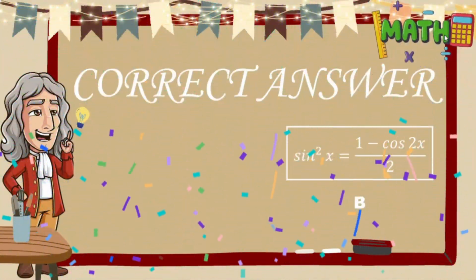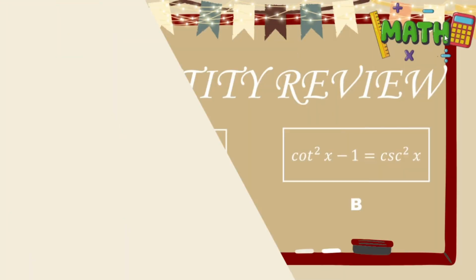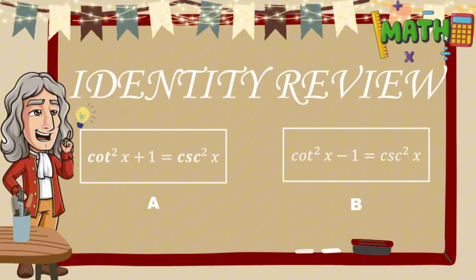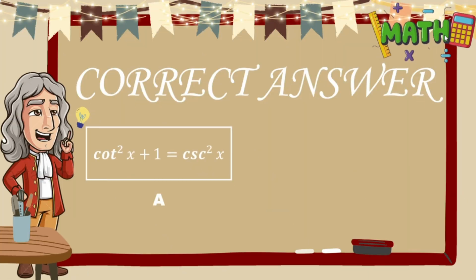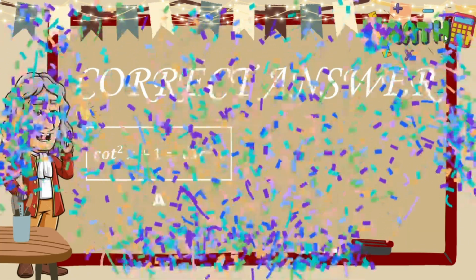The correct answer is letter B. And for the last item, which of the following is the correct identity? The correct answer is letter A.